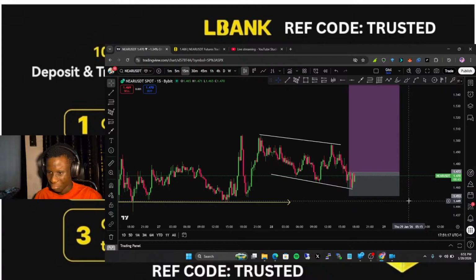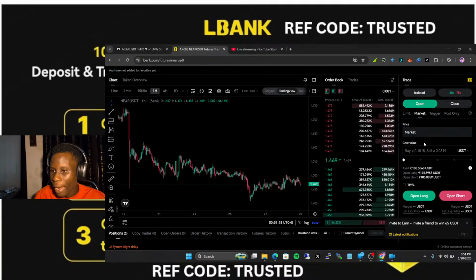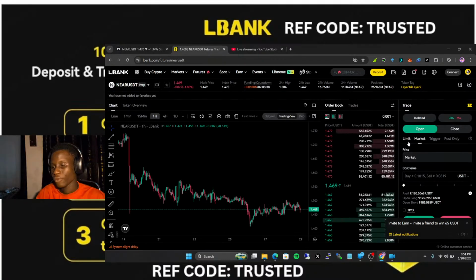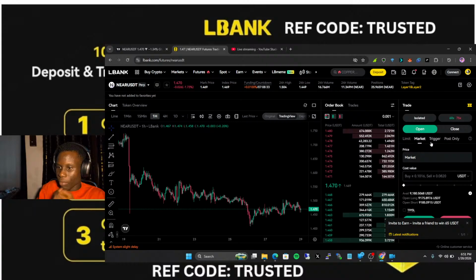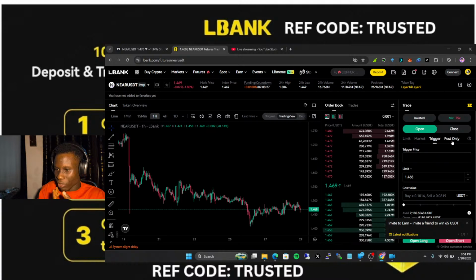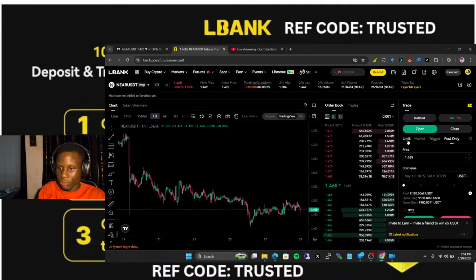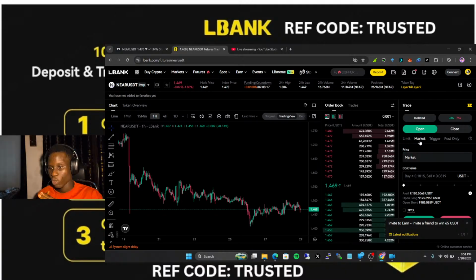So here on my LBank trading app, if you're seeing my screen well, you will see the four tabs I'm having here: the limit, the market, the trigger, and the post only. I always make use of the limit and the market. So I'm going to explain these two now.